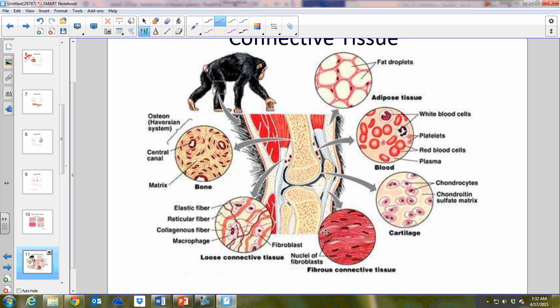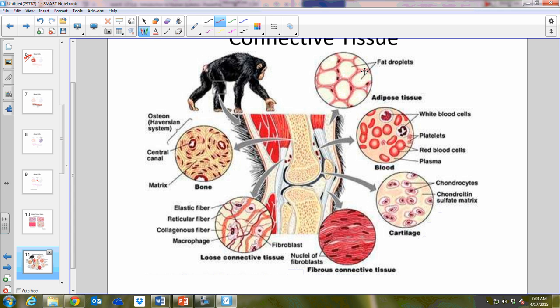Also, you have some loose connective tissue, and the loose connective tissue represents viscera and maybe the tissue that's surrounding the muscles, whereas your fibrous connective tissue is going to be things like your tendons and your ligaments. And blood is also a connective tissue because it serves to connect the rest of the body.